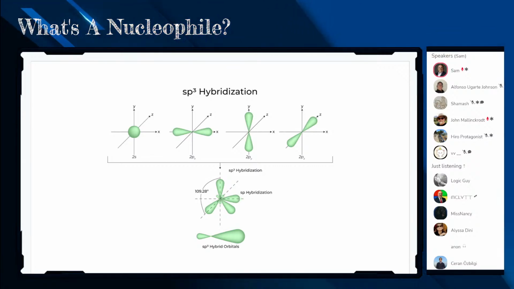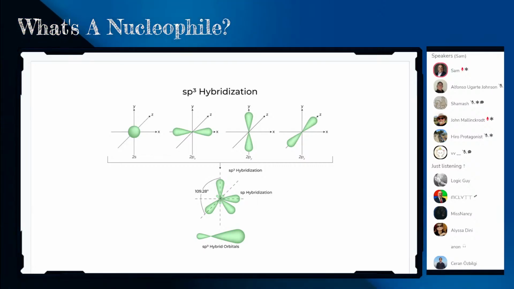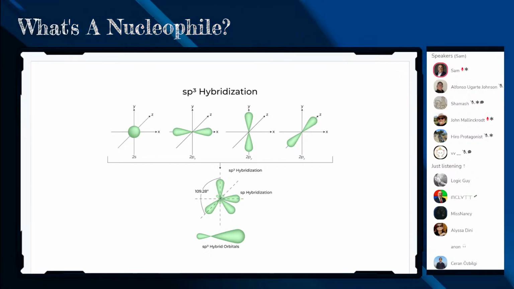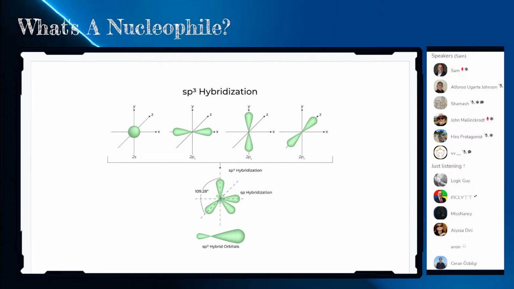So we have a central atom, and then four sp3 hybrid orbitals 109.28 degrees apart from each other. They point towards the vertices of a triangular pyramid. In this pyramid, all faces are identical, and that's a tetrahedron. Tetra for four, hedron for face.